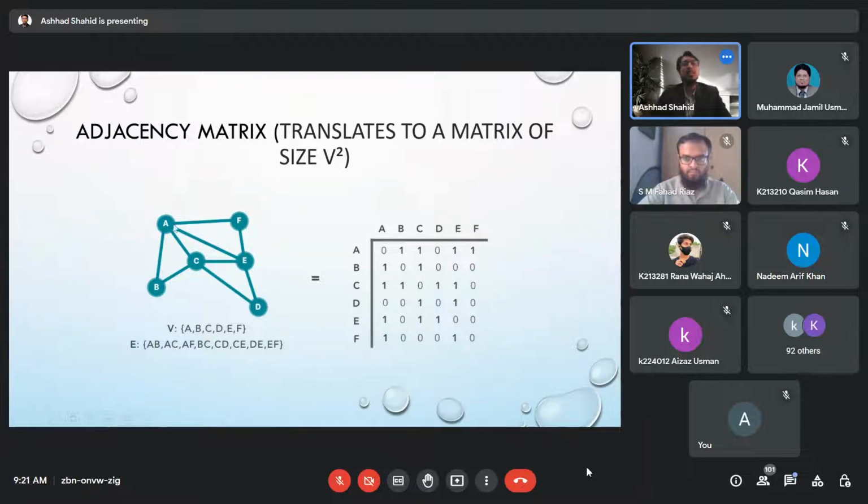Now you can see here that A cannot be connected with A. So A to A is 0, B to B is 0, C to C is 0. This diagonal is completely 0. All of A to A, B to B, C to C, and D to D are not connecting with themselves. Although a cyclic graph can, in a way, end at the point where someone started, for graph theory we describe it differently.